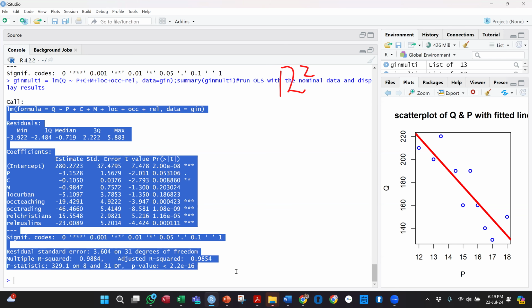Remember, I told you that in the R. Yes, sir. What is the name of the R square here? Multiple R squared. Very good. And what is the value in percentage terms? 98.84. Good. Always round it to 2 decimal places. So what would that be?